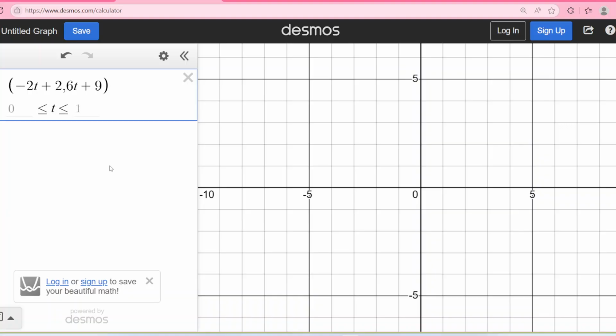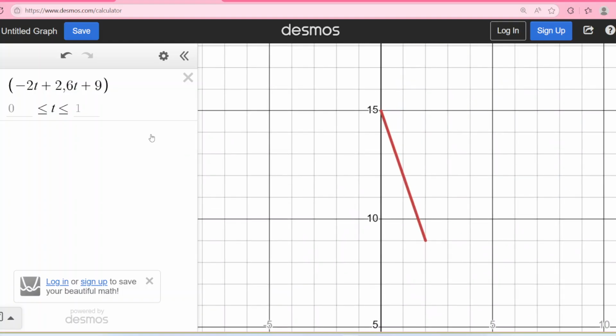close the parentheses, and you'll see it starts off with a range of values of t here. It starts off with just 0 to 1, so when t equals 0, you'd be at the point 2, 9, and then when t equals 1, you'd be at the point 0, 15. So the orientation would be moving from this point here where my cursor is up to this point up here, as t increases.